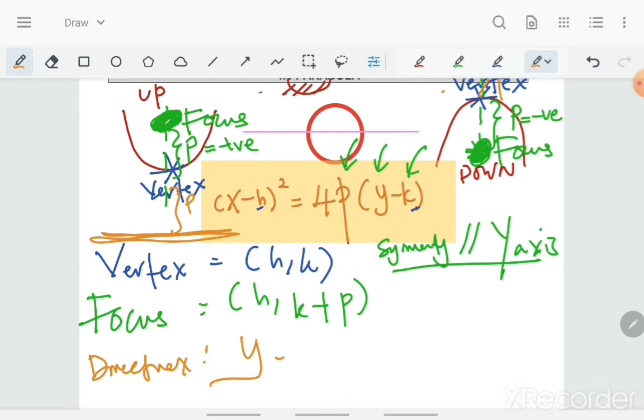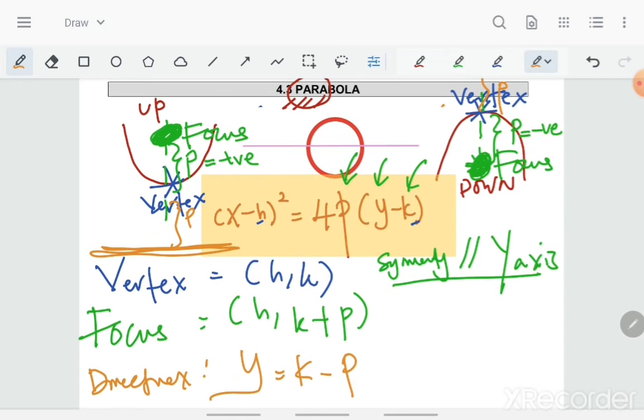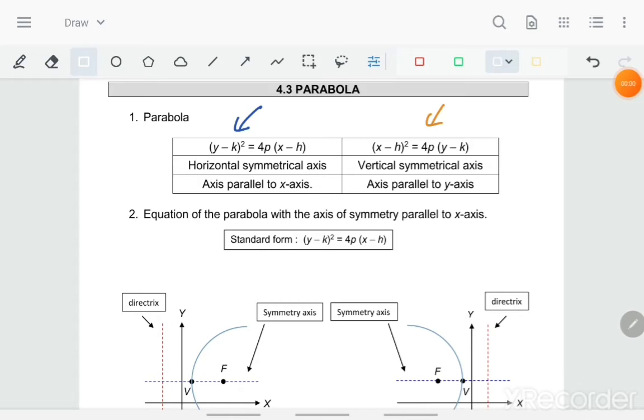So y equals, if the focus is k plus p, then for the directrix it is k minus p. What does it mean? If P is positive, then y equals k minus positive p. If P is negative, then y equals k minus negative p. So, settled. This is the equation for the focus and directrix for concave up and down.